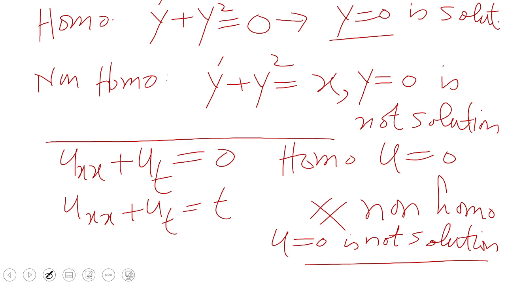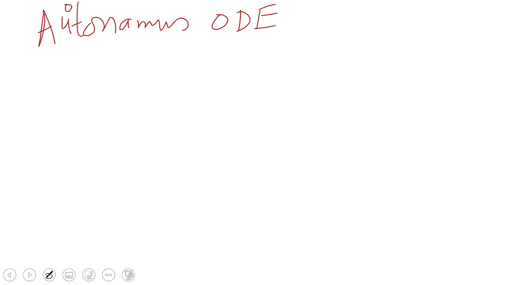Also, there is another concept, autonomous. So what is autonomous? An autonomous ODE, maybe there will be something wrong with the spelling, is one which is explicitly independent of the independent variable.